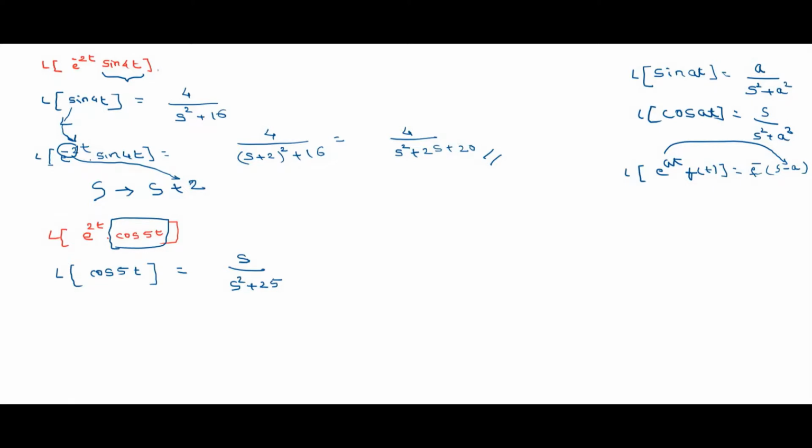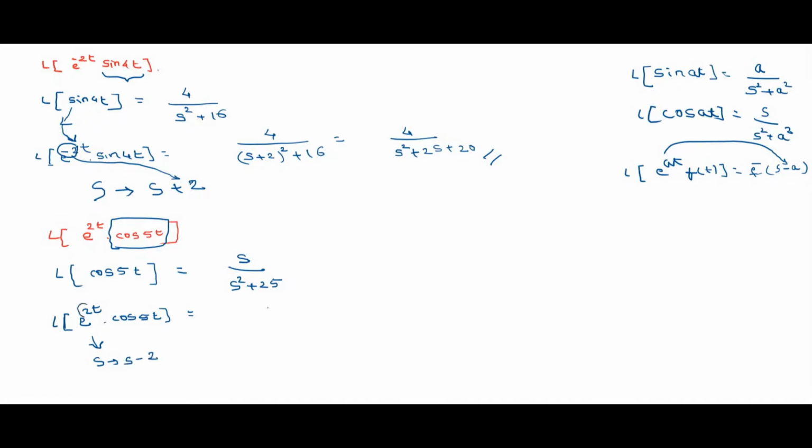And when it is multiplied with e raised to 2t, Laplace transform of e raised to 2t into cos 5t, then s changes to s minus 2.